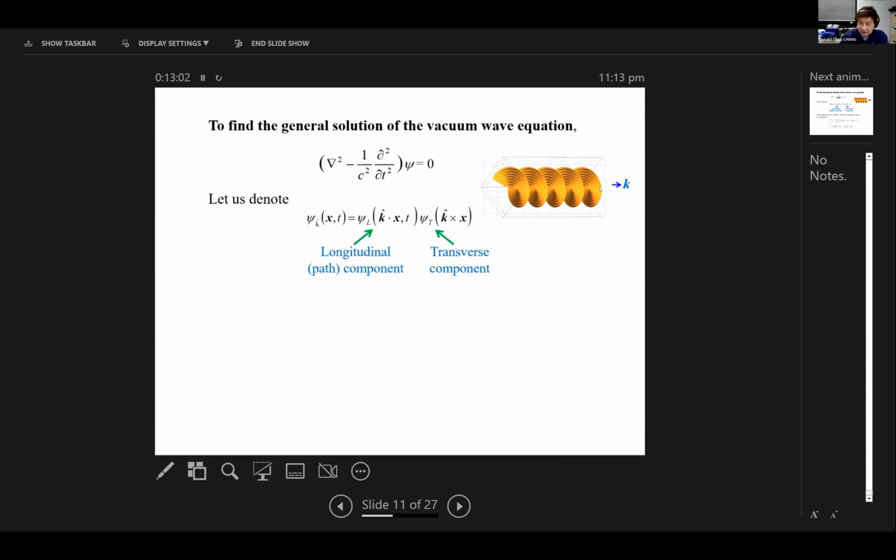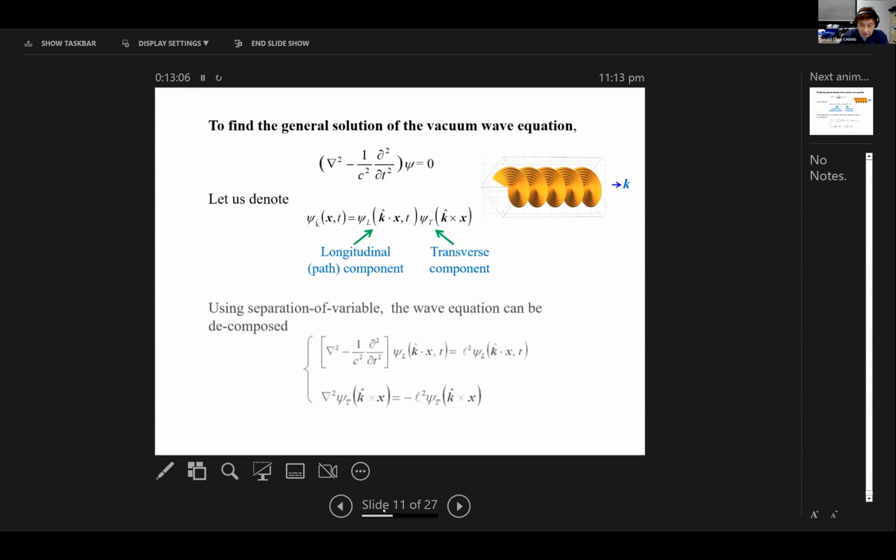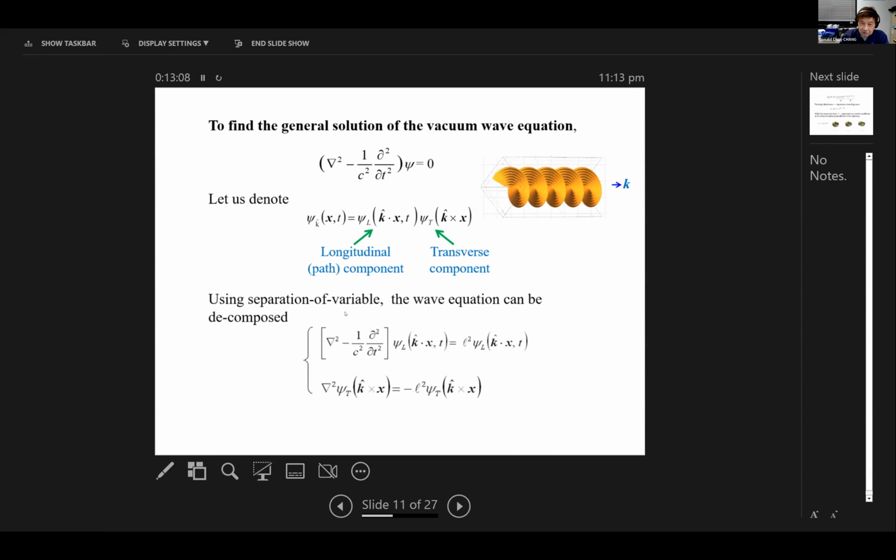Here K is the direction of propagation of the particle. Using the separation of variables technique, this wave equation can be separated into two separate wave equations, which describe the motion of the longitudinal component and the transverse component.